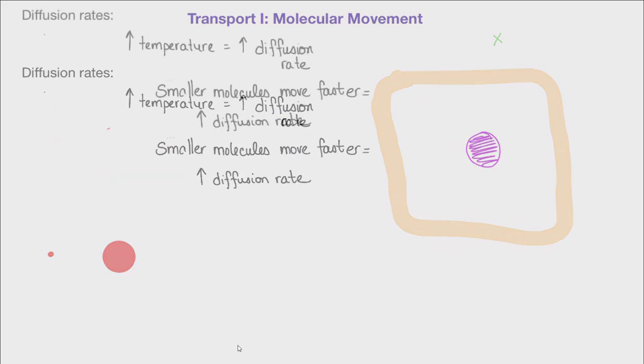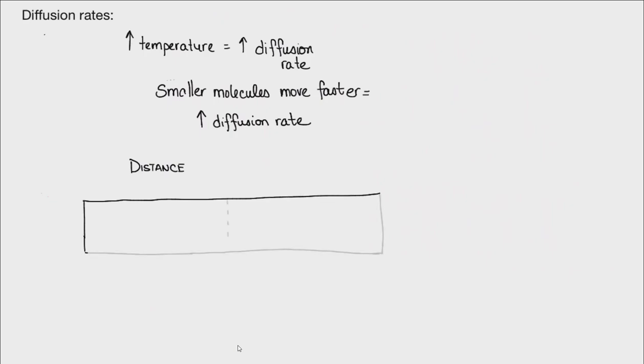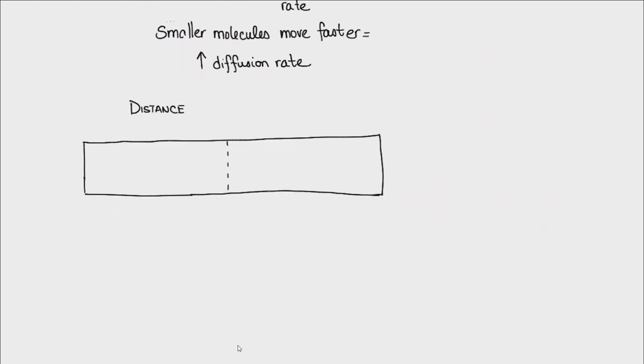Okay, so now let's look at another feature that can affect diffusion rate, and that is distance. This one is a little harder to explain, but I'll do my best. Imagine that I have two compartments, a really long one and a short one.